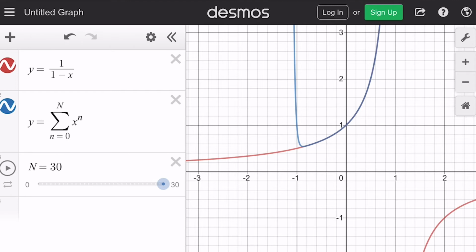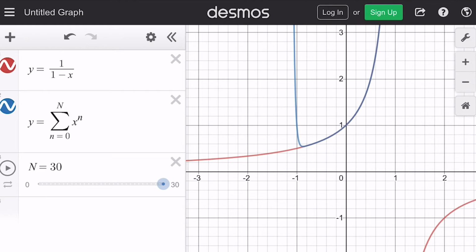Now, this is capped right here at 30. So this summation is little n equals 0 up to 30, which means it's 1 plus x plus x squared plus blah, blah, blah, all the way up to x to the 30. And you can see that indeed it is an exceptionally close approximation of the curve 1 over 1 minus x.